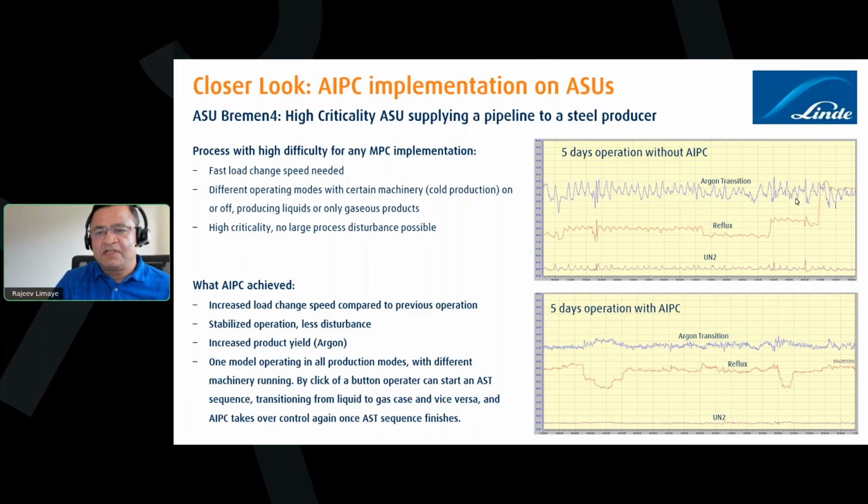So this is using the advanced regulatory control in the control system. And when we turned on the AI plant control, you can see how tight the control is, allowing basically lesser utility and power consumption and improving the yield.